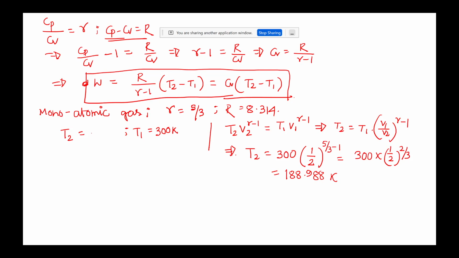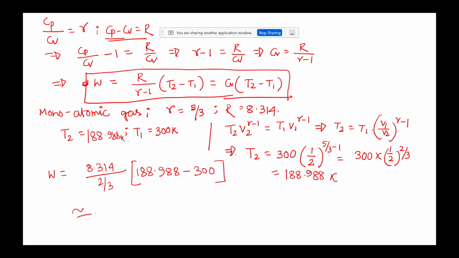And if you put all the information in the equation, then W, as we know, will be R, which is 8.314, by gamma minus 1, meaning 5 by 3 minus 1, that is 2 by 3, into 188.988 minus 300.